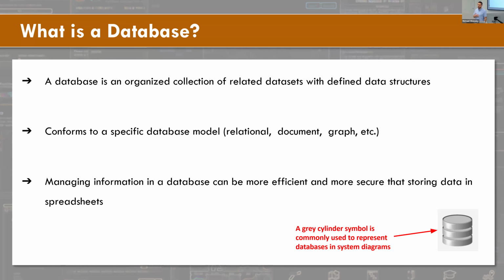There are graph databases, which are really great for situations where there are a number of relationships between different objects represented in the database that you want to be able to analyze and explore. But again, today we're focusing on relational databases, which are really the more common types of database that you're likely to encounter. So I think it's a good starting point. You eventually want to move on to looking at other database types as well.